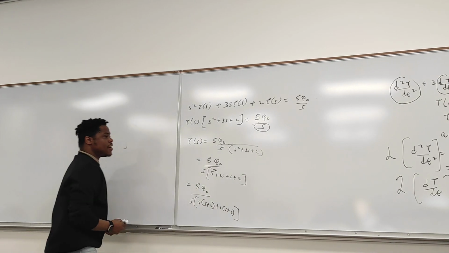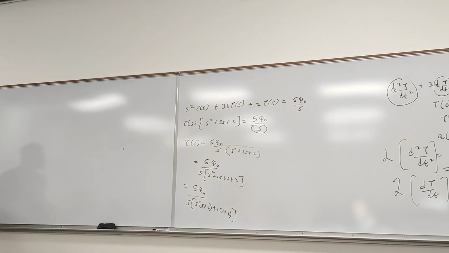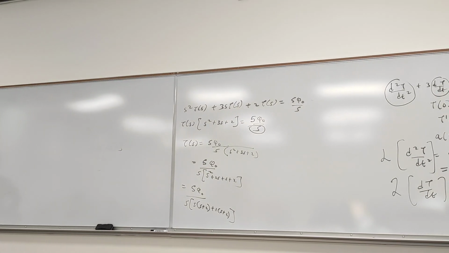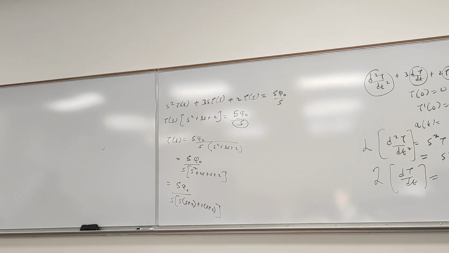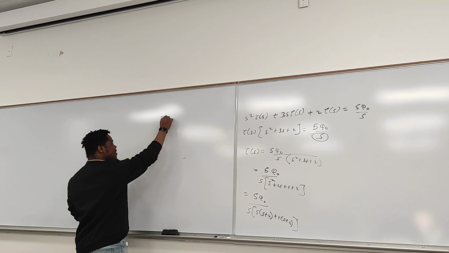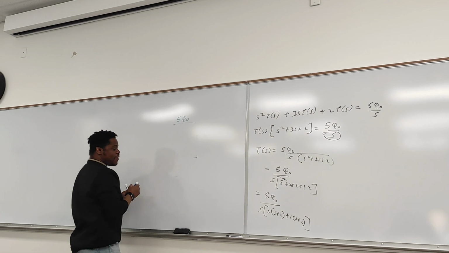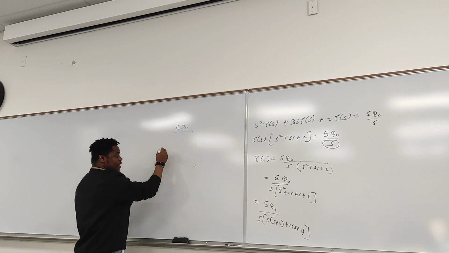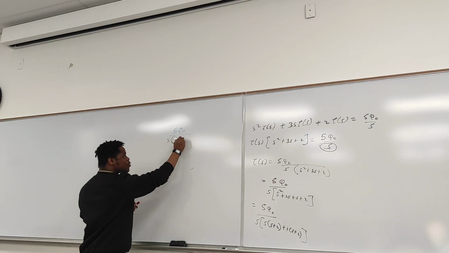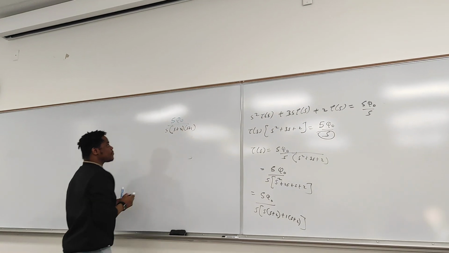That's what we have. I'm solving backwards. Okay. Do you have questions? Thank you. So that becomes 5q naught divided by s into bracket s plus 2, s plus 1.